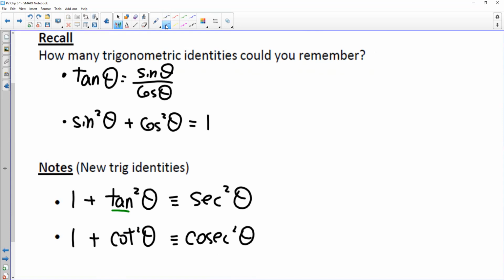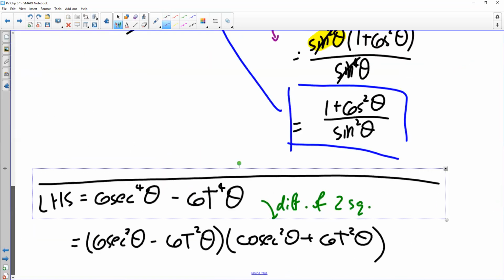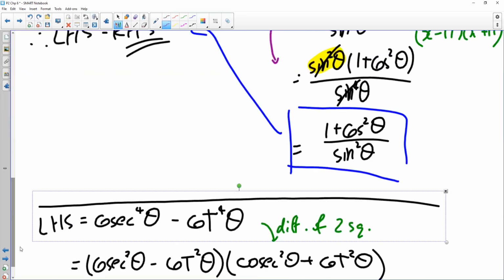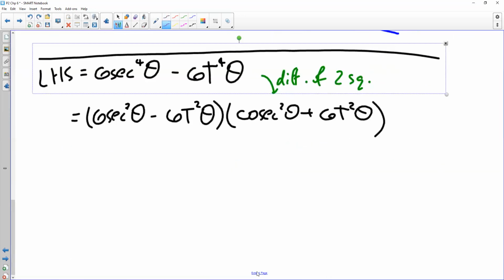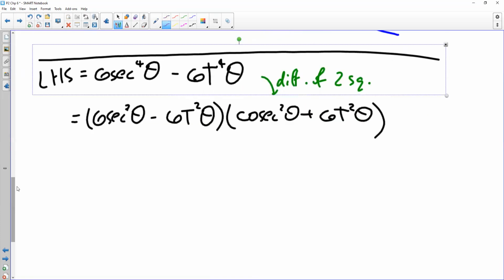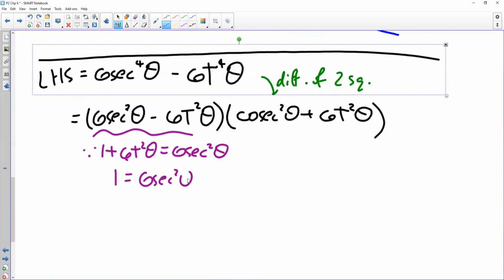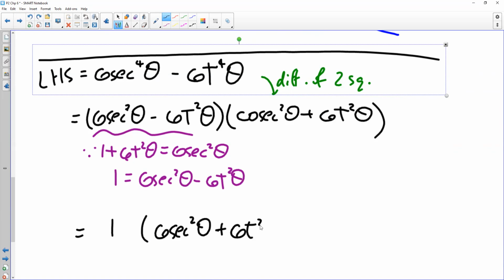So if I bring the cot squared theta to the right hand side, then 1 equals cosec squared theta minus cot squared theta. Therefore, this whole purple bracket equals 1, so it equals 1 times cosec squared theta plus cot squared theta.